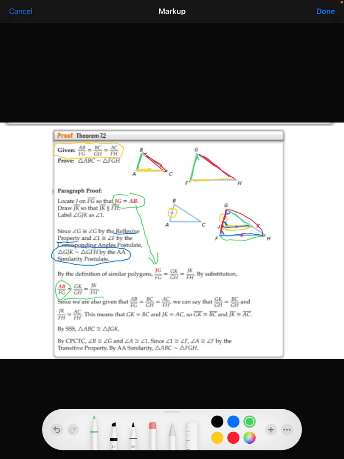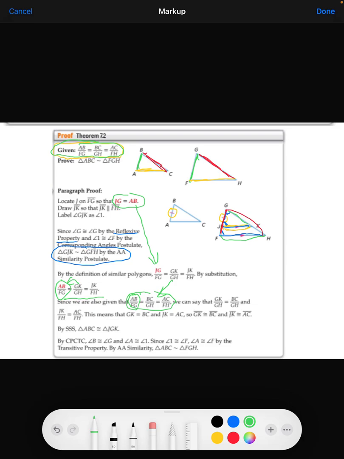And since we're also given that AB over FG equals BC over GH equals AC over FH, so we're given that up here, this is our given. Then we can say that GK over GH, which we said here is equal to AB over FG, equals BC over GH.